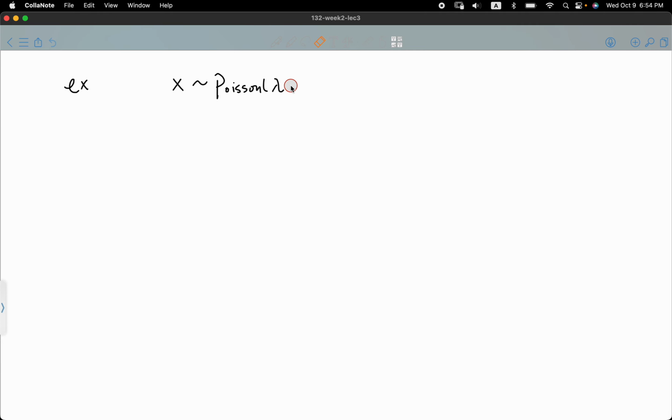Here we use a subscript 1 to distinguish between the random variable x and the random variable y, which also follows a Poisson distribution but with parameter lambda 2. So now we have two random variables and two parameters to consider here. And we also know that x and y are independent.